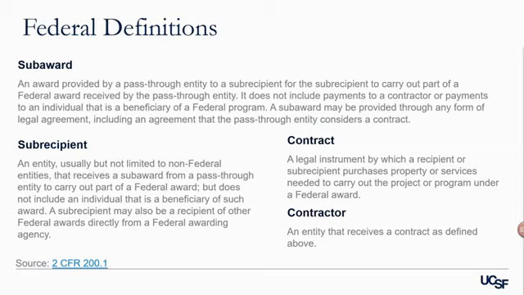And a contractor is an entity that receives a contract. So here we've just gone over the basic definitions from the federal uniform guidance. Please note that other sponsors may have their own definitions, so it is very, very important to make sure that you review the guidance for the appropriate sponsor.